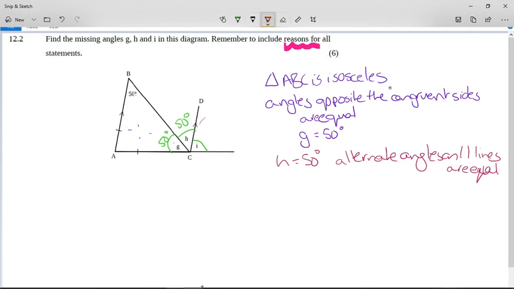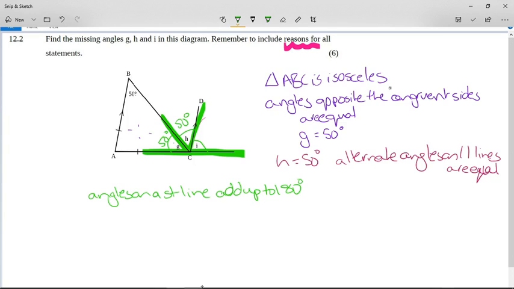And over here is a straight line, and we've got two things coming off this. So we know there's a rule that angles on a straight line add up to 180 degrees.